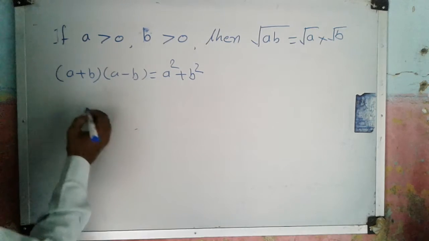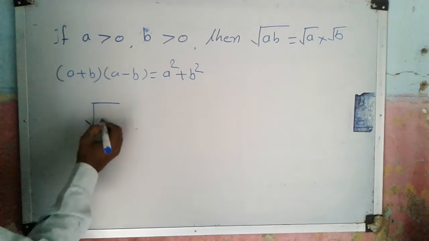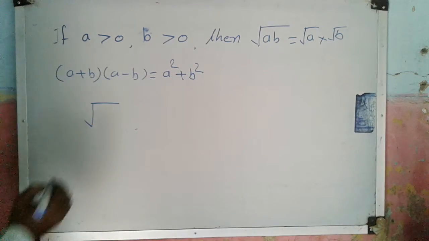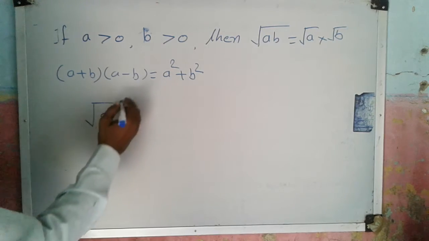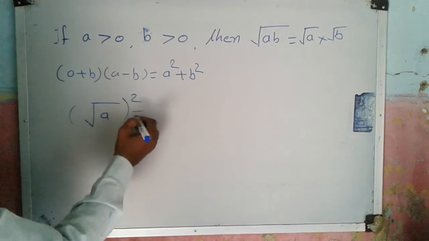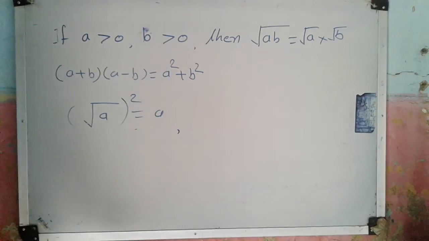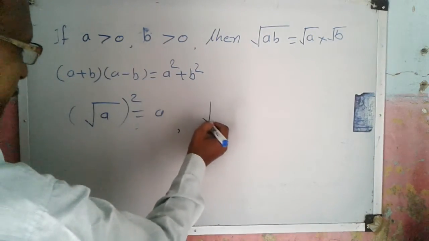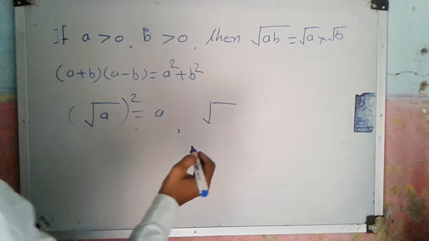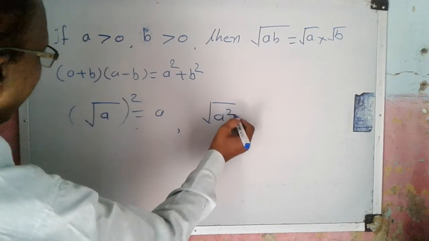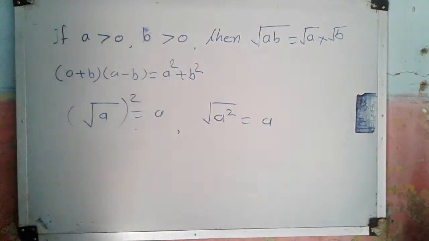And also we know that square root of a, bracket square, is equal to a. Also we know that under root a square is equal to a.